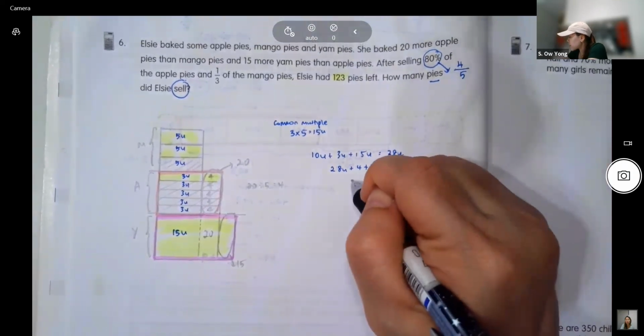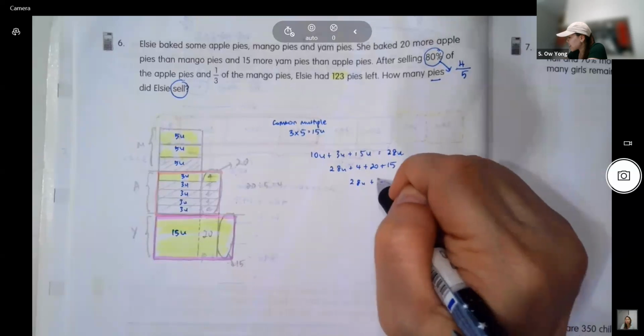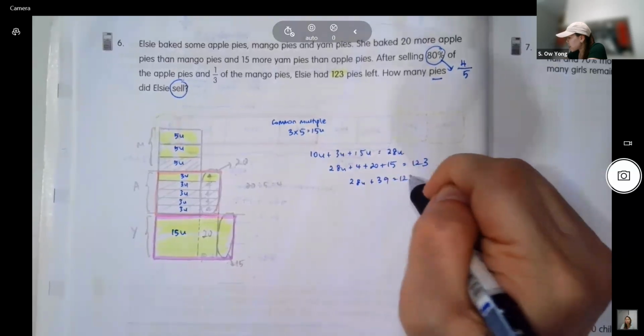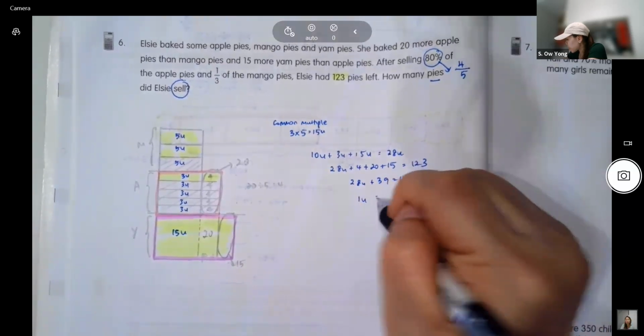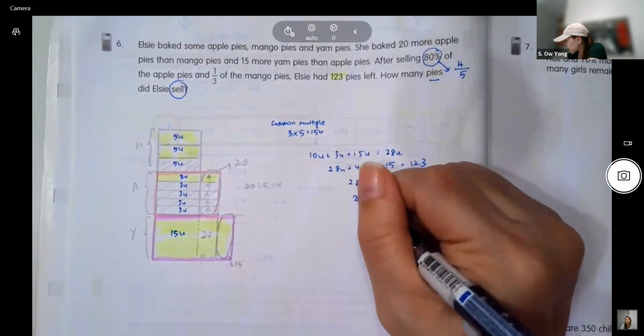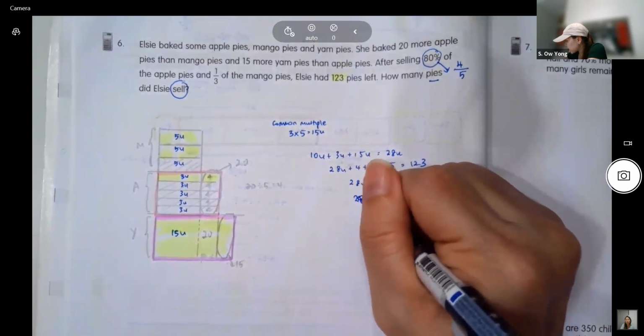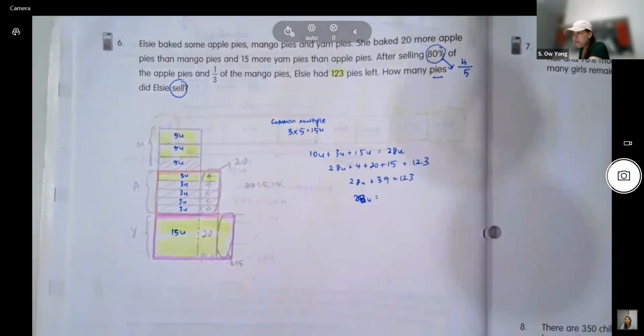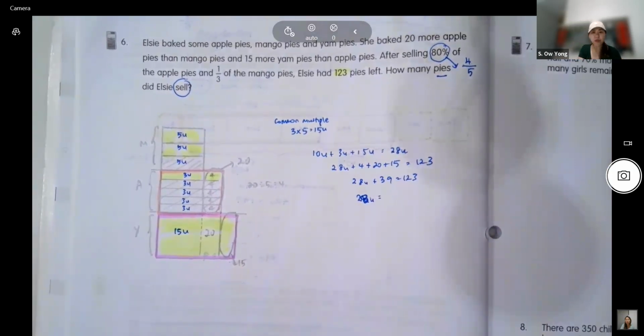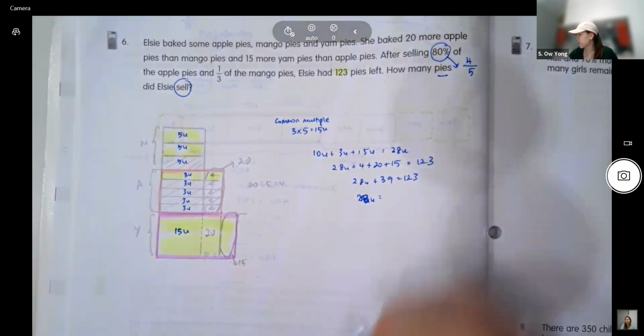So actually 28 units plus 39 gives you 123. That means 28 units, pardon my handwriting, is equivalent to 123 minus 39, which is 84.